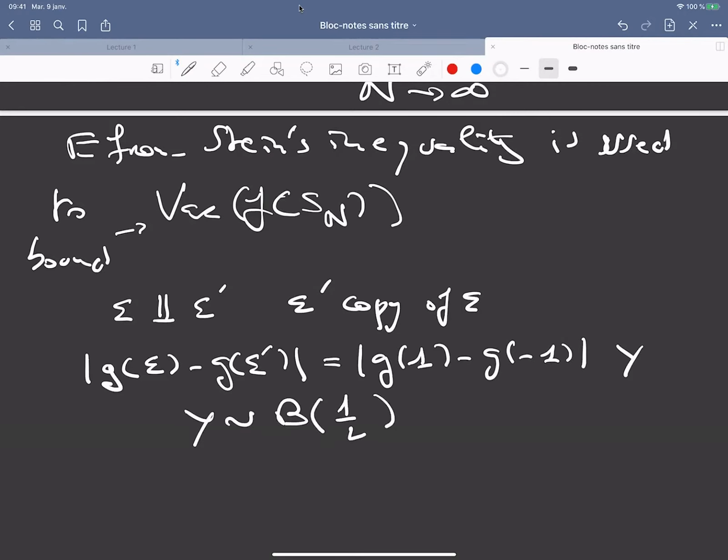Because when you look at this, either epsilon and epsilon prime disagree, or they do not disagree, and these two events have probability 1/2.